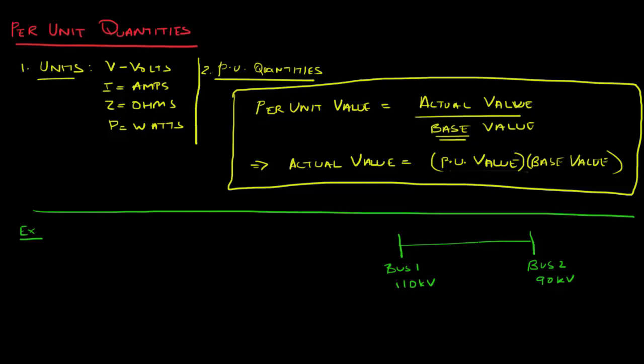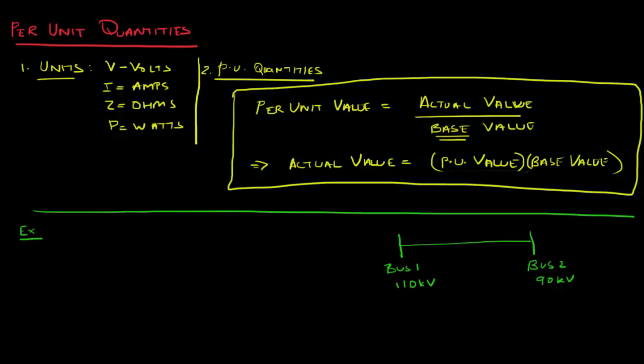So rather than drawing each and every parameter in a network, we draw it easily using a single line diagram. And don't worry, we will come to this discussion down the line as we dig deeper into power system analysis. For now, imagine this is just a node in a power system where the voltage that you measured is 110 kV, and it's connected via transmission line to another node or another substation where the voltage you measured is 90 kV, right?